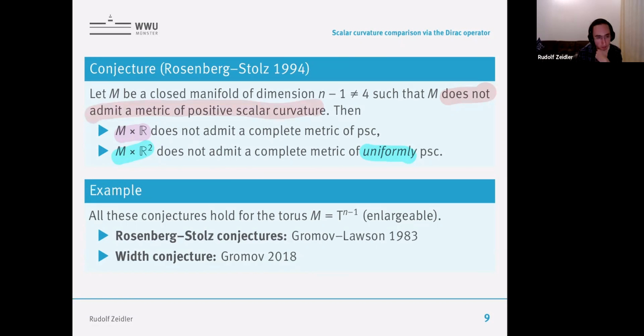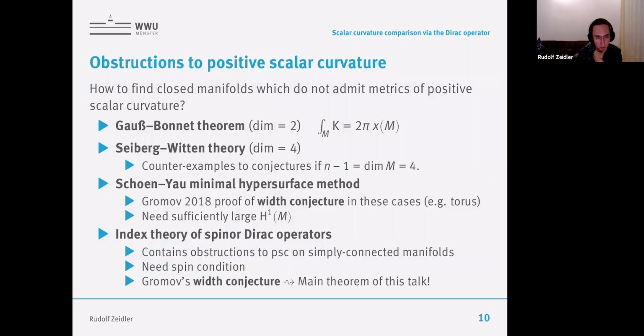There are a couple of methods. Something very simple: in dimension 2, you have the Gauss-Bonnet theorem, which tells you that if the Euler characteristic is negative, you cannot have positive scalar curvature. So this is easy. For the orientable case, only the sphere remains.